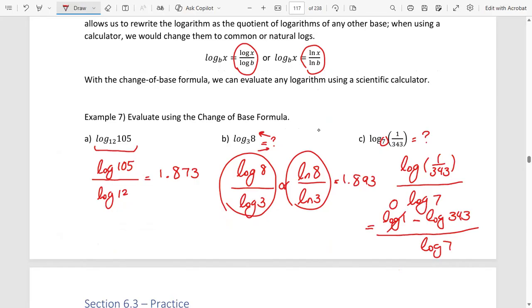So I only need to find the log of 343 and divide it by log of 7. And don't forget that we also have a negative here as well. So you put negative log of 343 divided by log of 7. And the answer is negative 3.